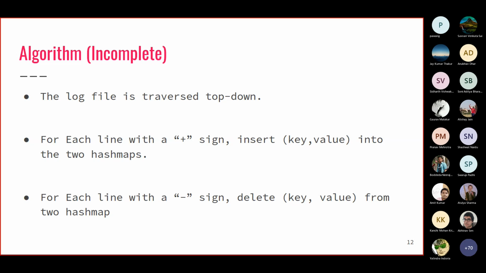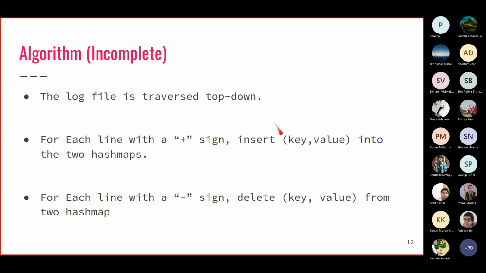So now think about the algorithm. What to do with the algorithm? The log file is traversed from top to down. For each line with a plus sign, we insert the key value into the two hash maps. We have two hash maps, one by portfolio and one by counterparty, and we insert based on what the key and value are.